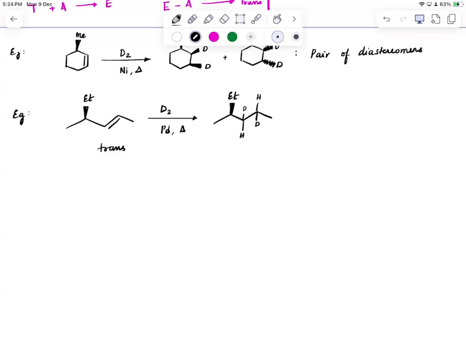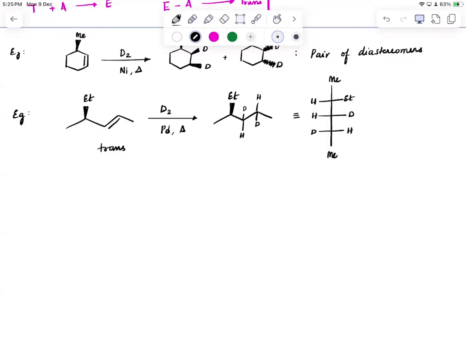Clear? But if you represent the same thing in a Fischer projection, what could I write? I will write three groups here like this from methyl to methyl, and there is one ethyl at the starting which has a fixed configuration. You can write it on the right or left depending upon its configuration, whether it is R or S. Then on a trans, when you add deuterium, it will always go with threo kind.